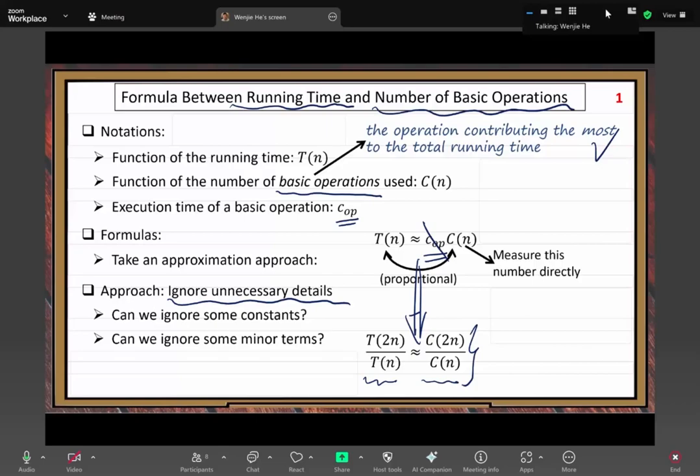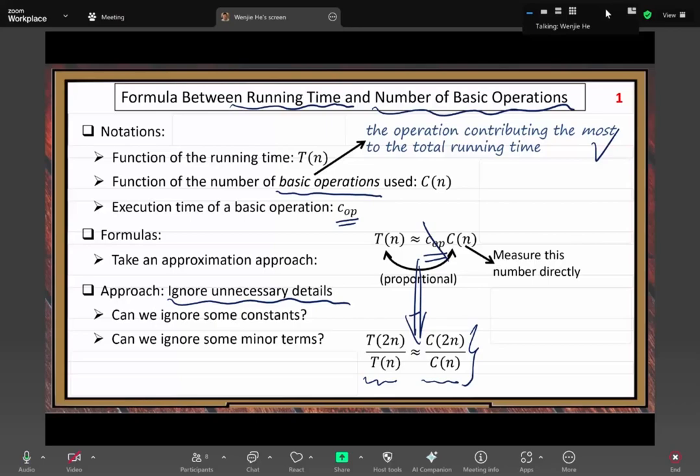What information do these two ratios tell us? Here you can see the ratios give you a function increasing information, right?